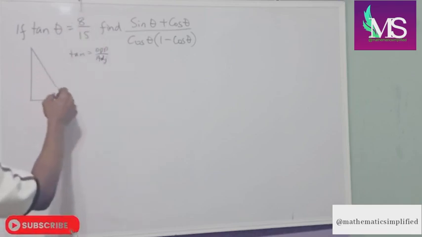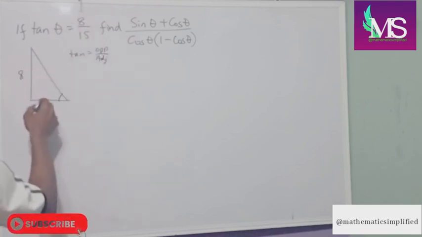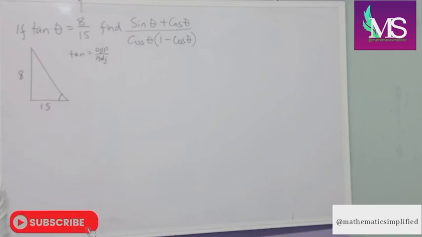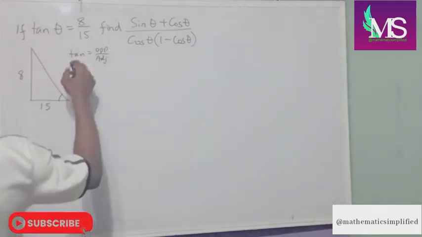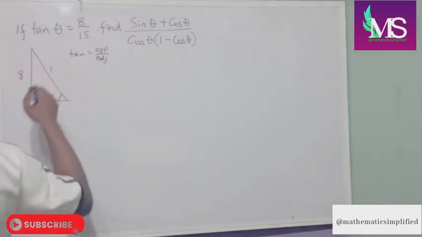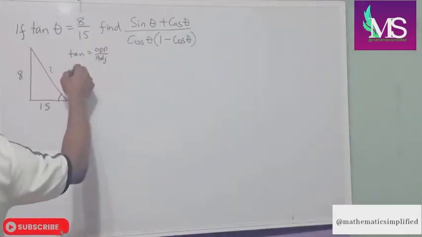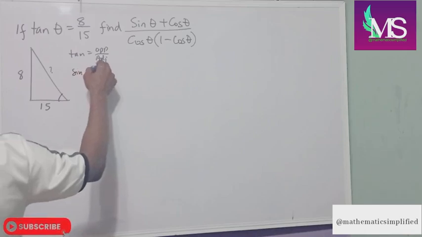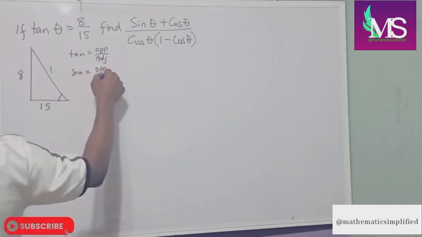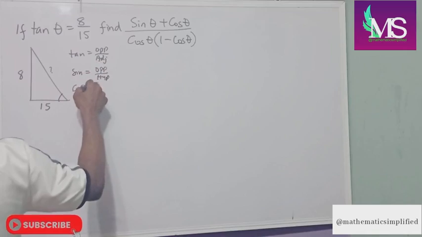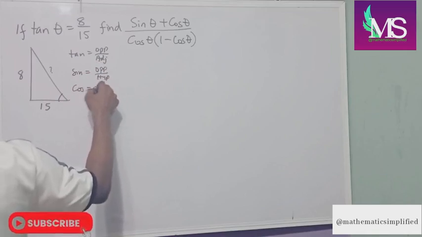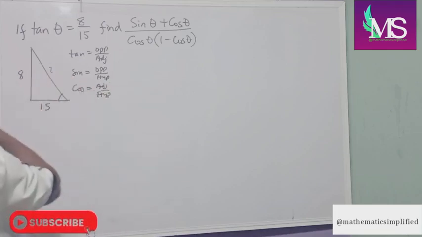So our opposite will be 8 and our adjacent will be 15. Now, we need to find our hypotenuse for us to be able to find sine and cos, since sin theta equals opposite over hypotenuse and cos theta equals adjacent over hypotenuse. So we need the hypotenuse.